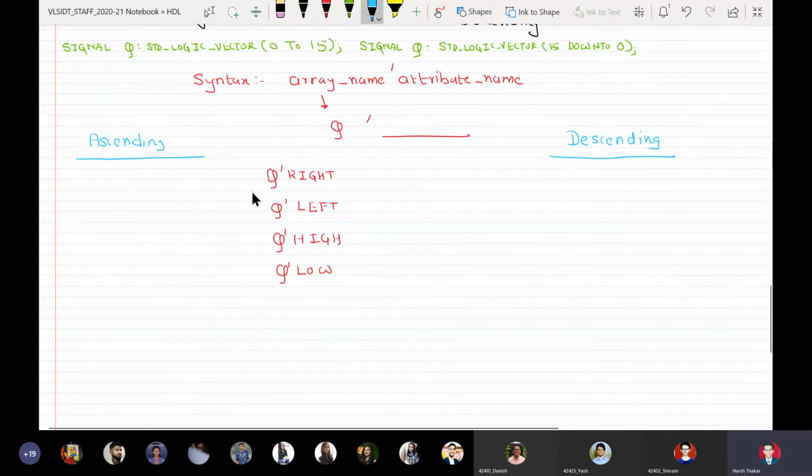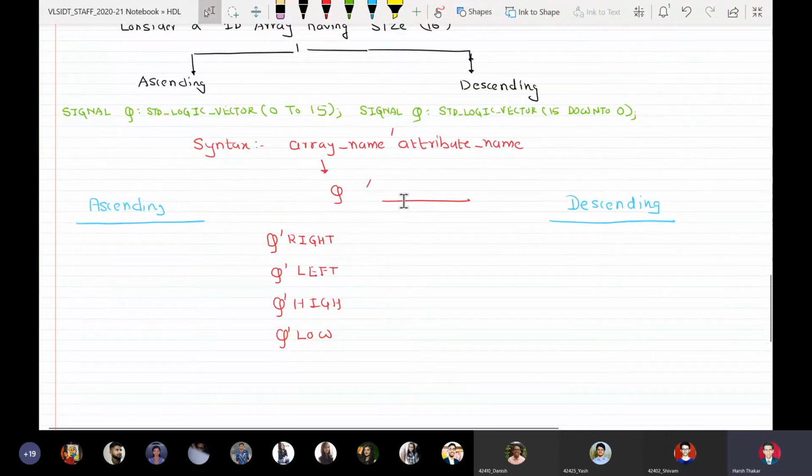Okay, so q tick right. If q is an ascending array defined as 0 to 15, when I use q tick right, the value returned will be 15. At the same time, if I apply q tick right to a descending array, the value returned is 0.